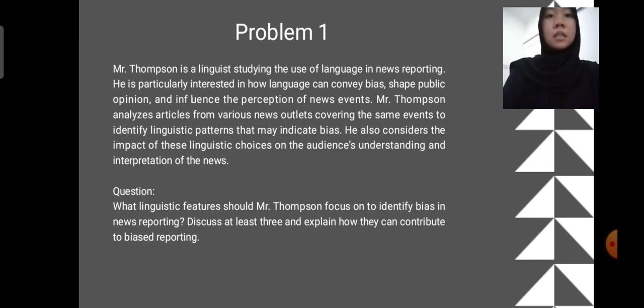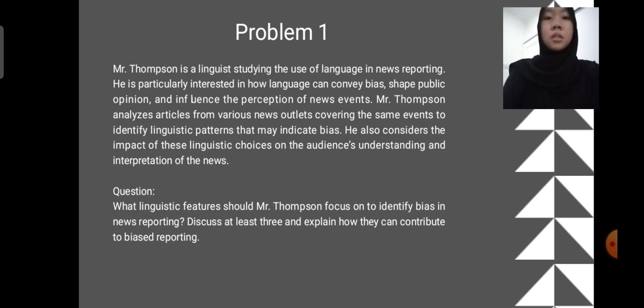Mr. Thompson analyzes articles from various news outlets covering the same events to identify linguistic patterns that may indicate bias. He also considers the impact of these linguistic choices on the audience understanding and interpretation of the news.